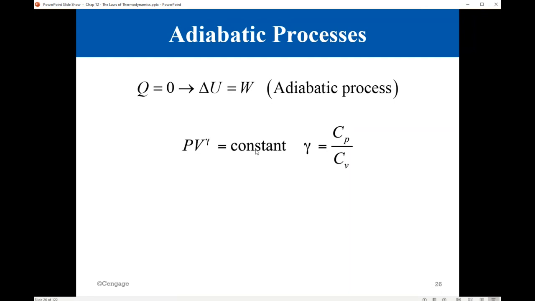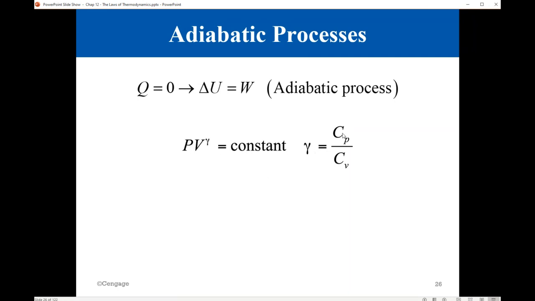So if the gas changed from a state with the pressure P1 and volume V1 to a state with the pressure P2 and volume V2, then you have P1 V1 to the power gamma equals P2 V2 to the power gamma.